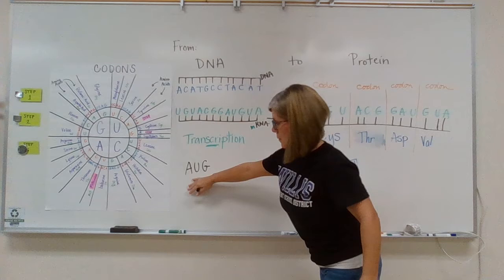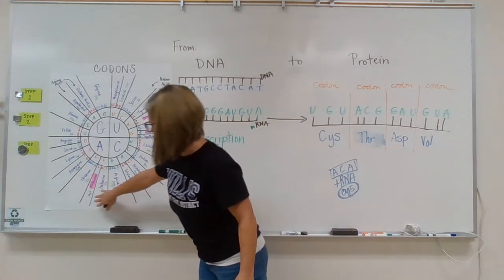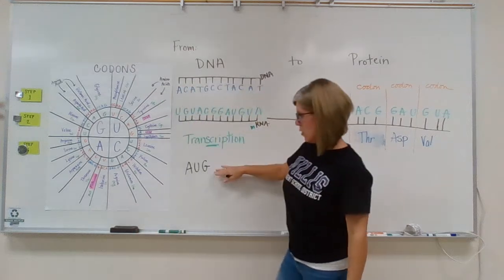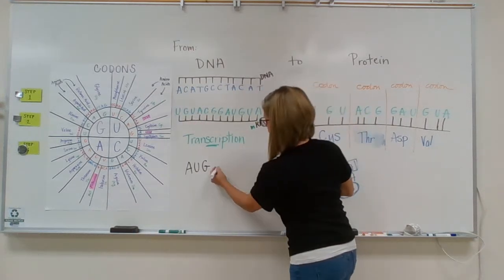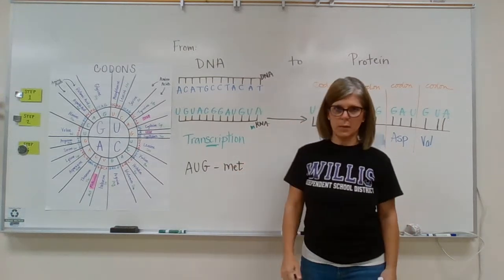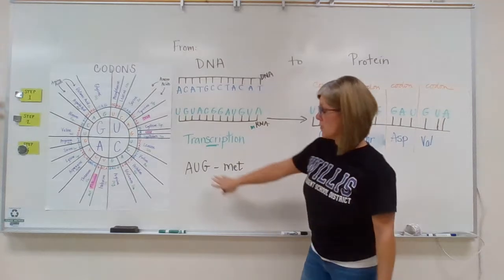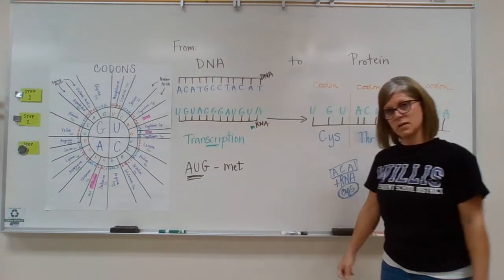So if you look at a polypeptide chain, they all start with AUG. That is the met codon. That is the met amino acid. It is the one that starts off all of our polypeptide chains. So anytime this code is read, you know you're starting a new polypeptide.